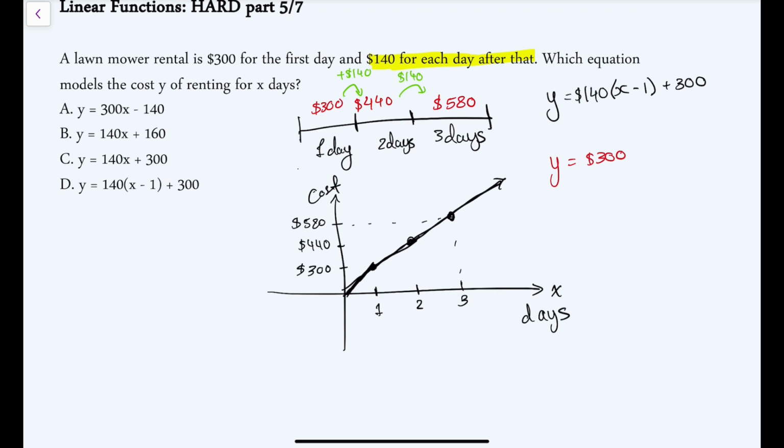So the number of extra days, in air quotes, like the number of extra or additional days, is x minus 1. The total number of days minus the first day. And whatever number of days it is, it's going to be multiplied by 140. So the total cost is also 140 times those extra days.